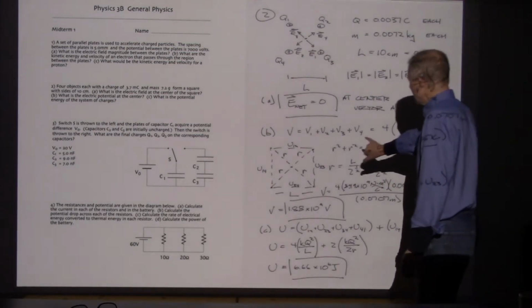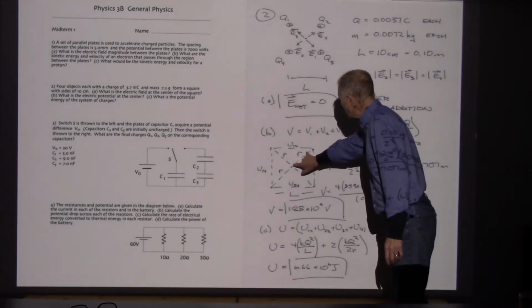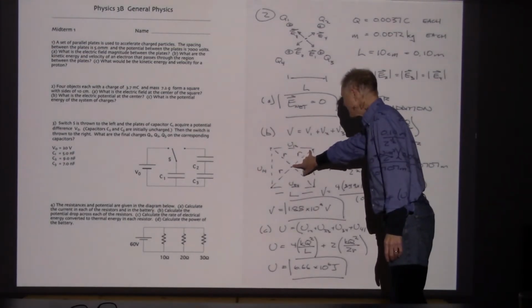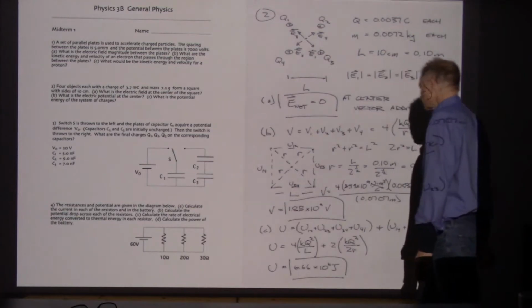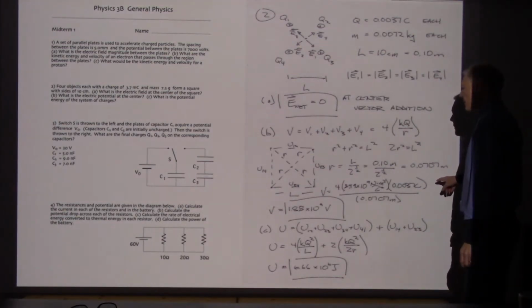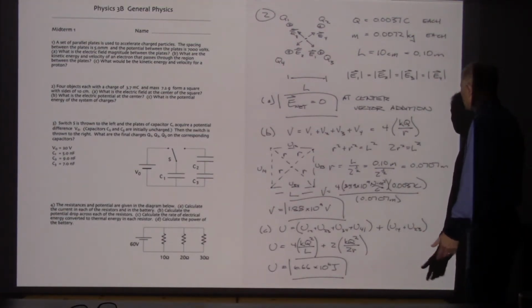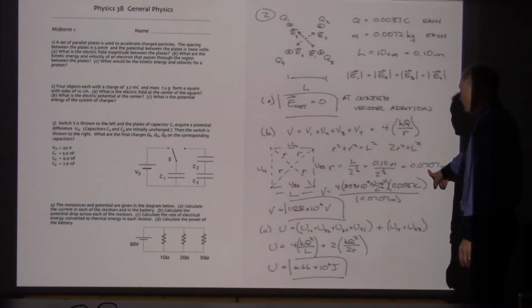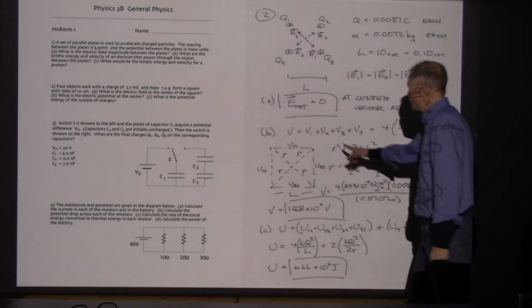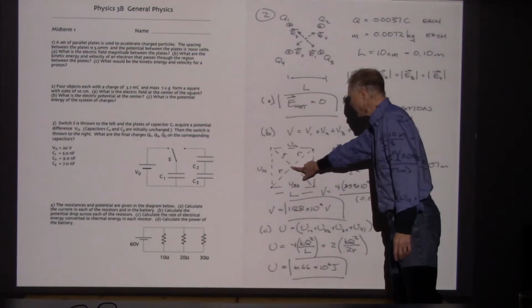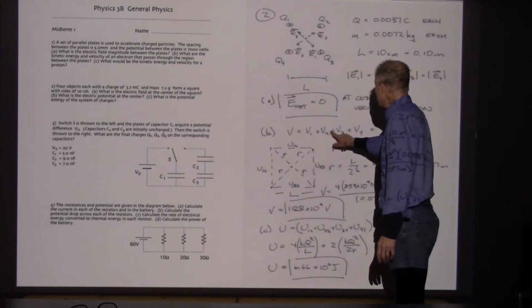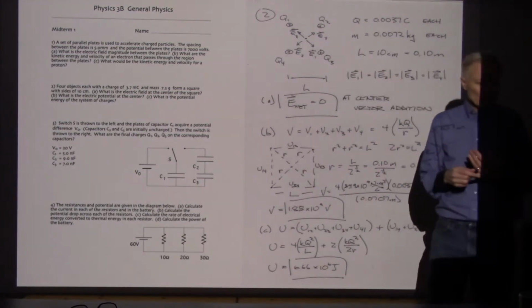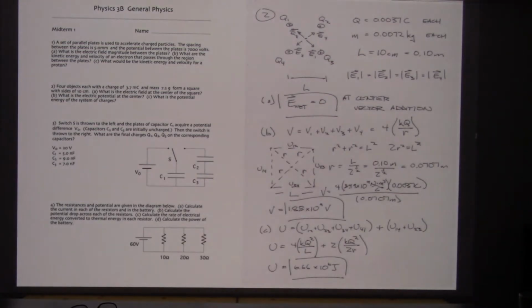So the sides are 10 centimeters. We know that these r's are going to be less than 10, but they have to be at least as large as 5, and they're coming in at 7.1. That seems about right. So the potential at the center, the electric potential, V1 plus V2 plus V3 plus V4, is going to be a contribution from all of the surrounding charges.